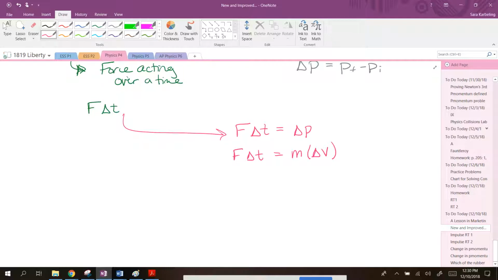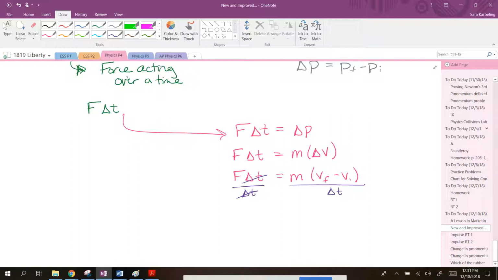But wait, there's more. Change in means final minus initial. So this is mass times V final minus V initial. F delta T. That left-hand side, nothing has happened yet. So let's monkey with the left-hand side, shall we? I'm going to divide by delta T. Delta T on the left-hand side is going to go away.